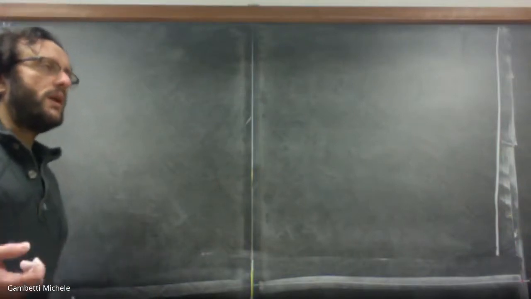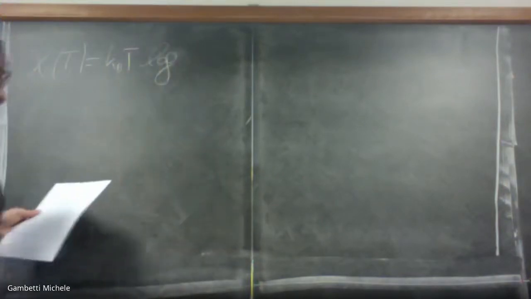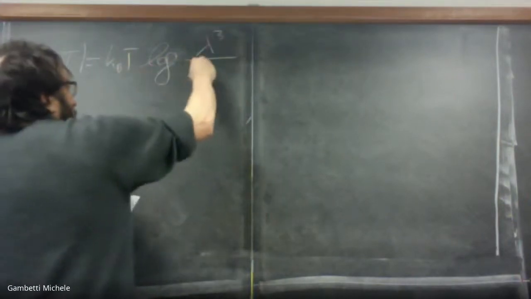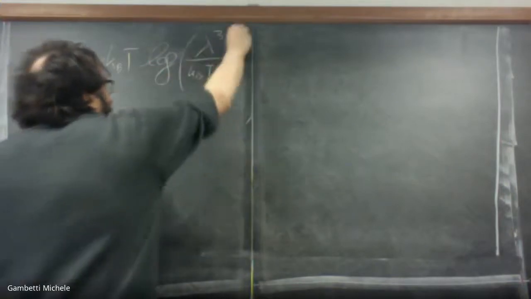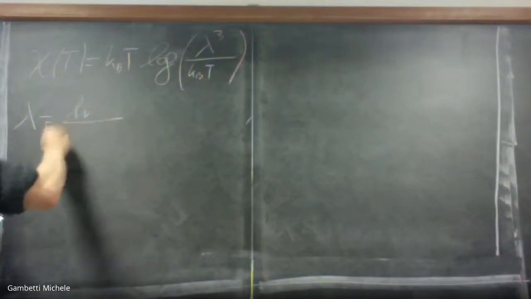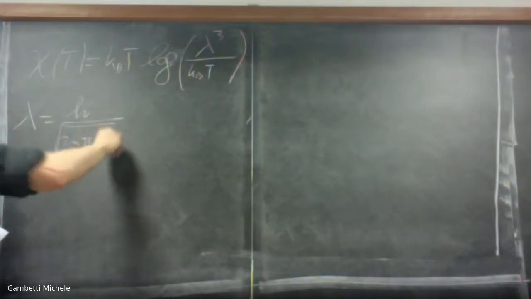So in particular, in this formula for chi of T, which was kBT log of lambda cubed, and then there is a kBT in the denominator. And remember that lambda is h divided by the square root of 2 pi m kBT.